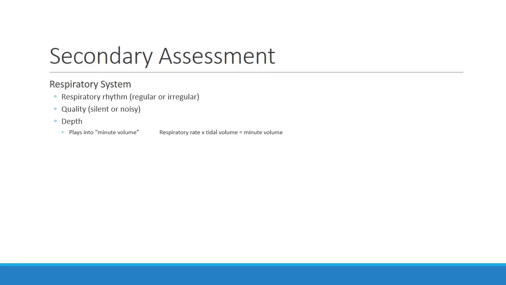Tidal volume is how many milliliters of air that we are taking in with each breath. If you multiply the tidal volume times the respiratory rate, you come up with a minute volume. And an adequate minute volume is important for good homeostasis, to make sure that the body is staying in balance, that there's enough air exchange, oxygen and carbon dioxide exchange within the body.